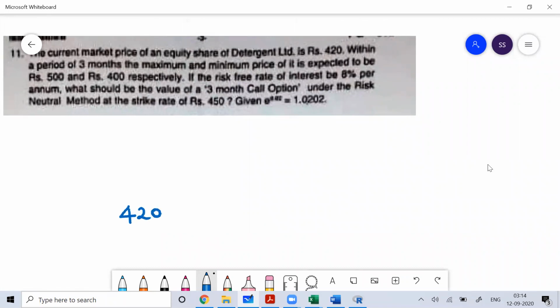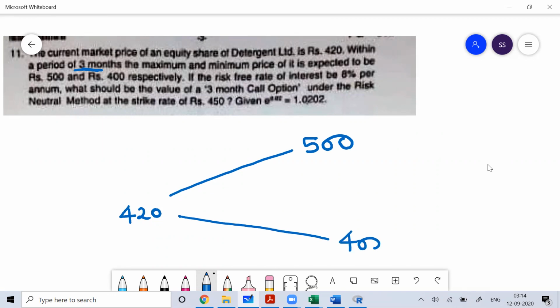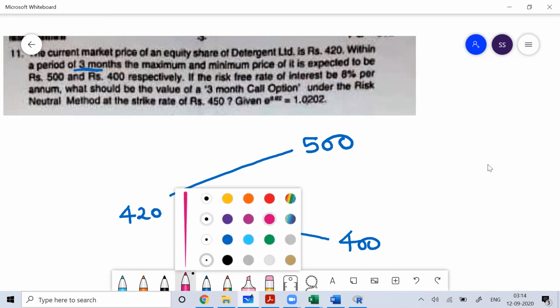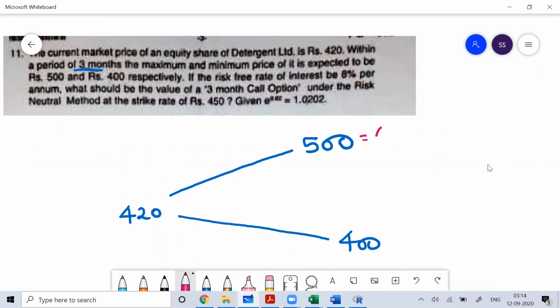Within a period of 3 months, the maximum it is expected to be 500, or the minimum it is expected to be 400. So this is S naught, this is S naught U, this is S naught D.